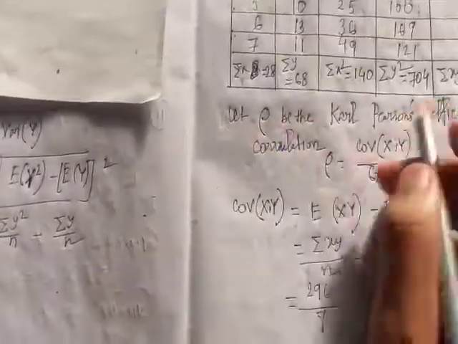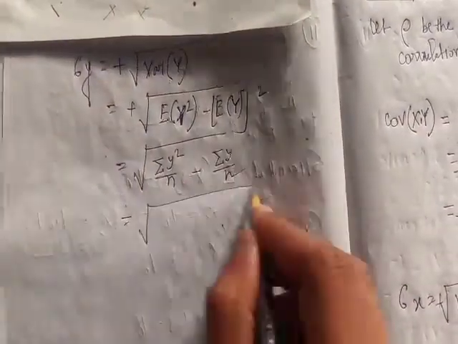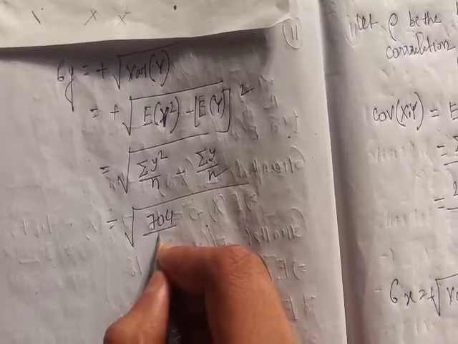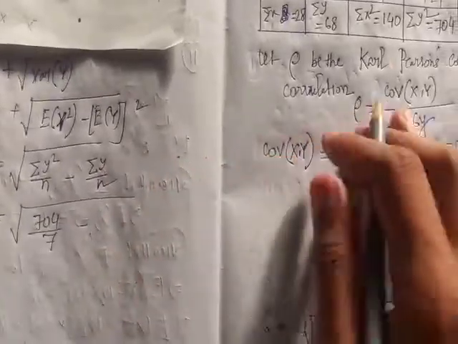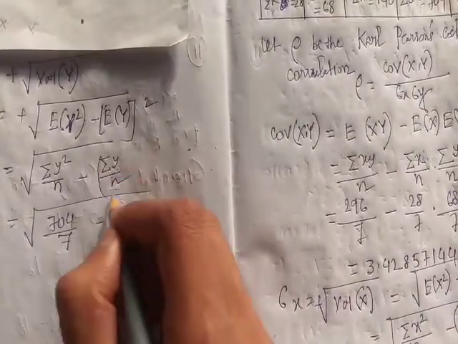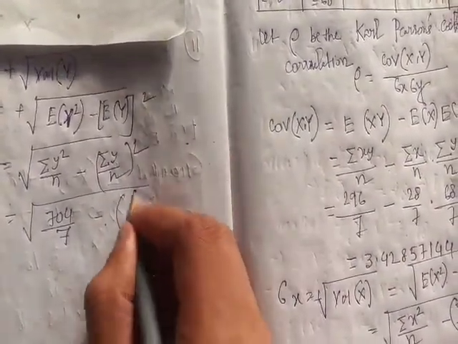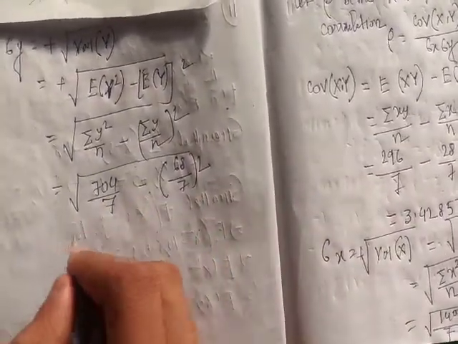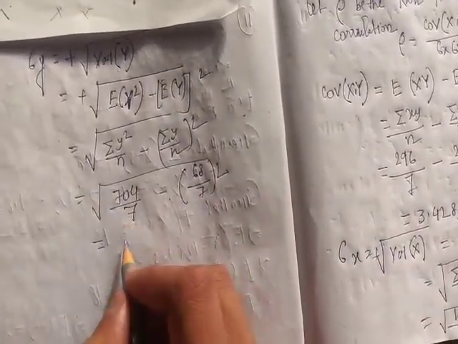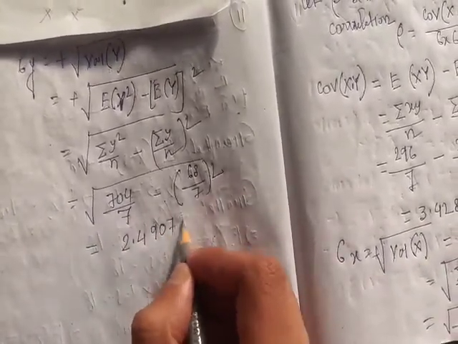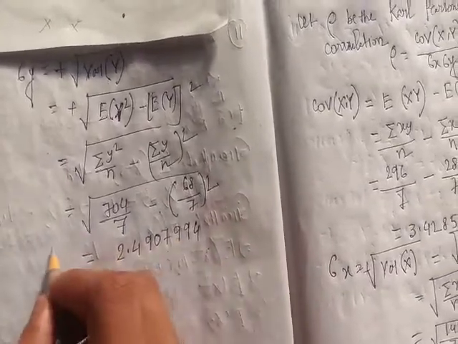Summation y square is 704, so 704 by 7 minus 68 by 7 whole square. After calculation we get sigma y equal to 2.4907994.